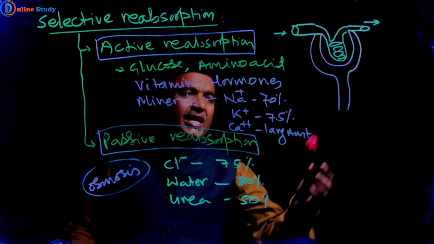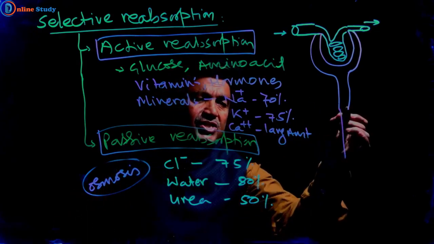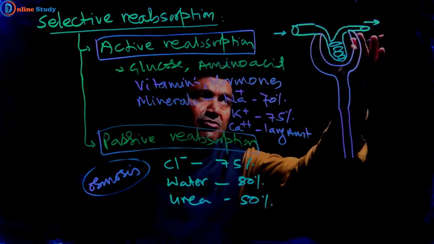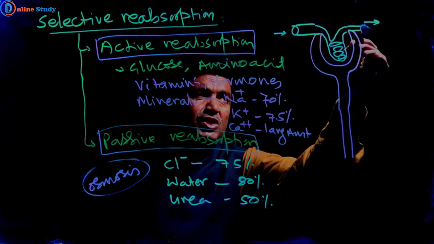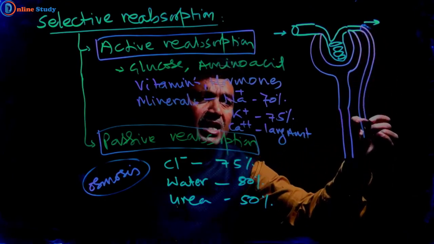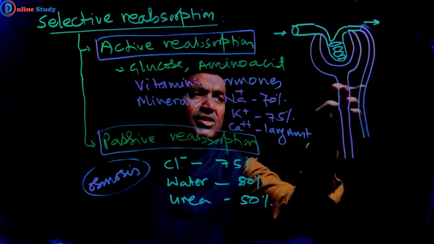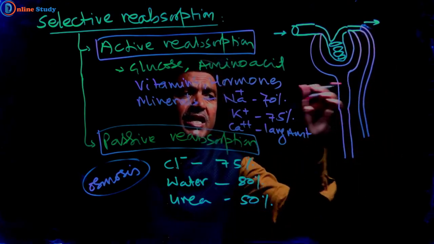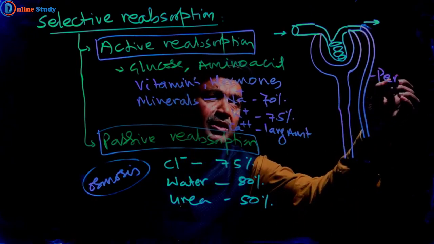And around this structure are the renal tubules. From the efferent arteriole, capillaries are surrounding and coiling around the renal tubules, and they are called peritubular capillaries.